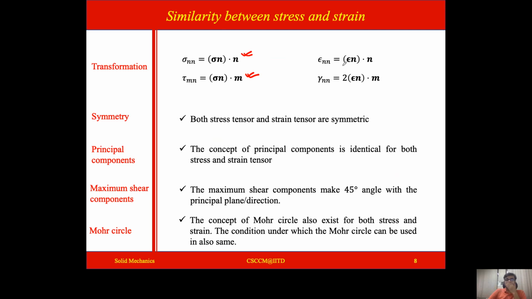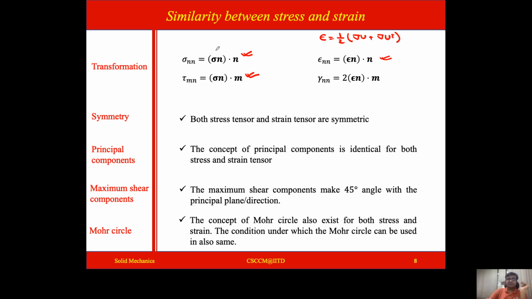And when we talked about strain, the formulas we derived were epsilon n dot n and 2 times epsilon n dot m. And what is this epsilon? Epsilon is half of grad u plus grad u transpose.